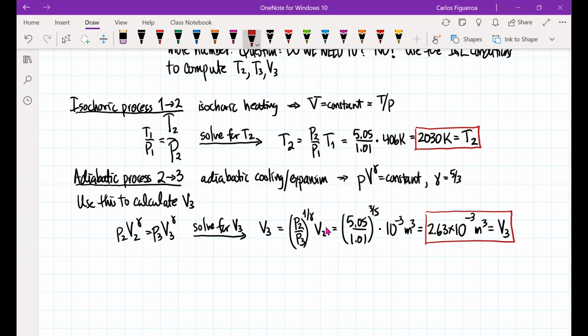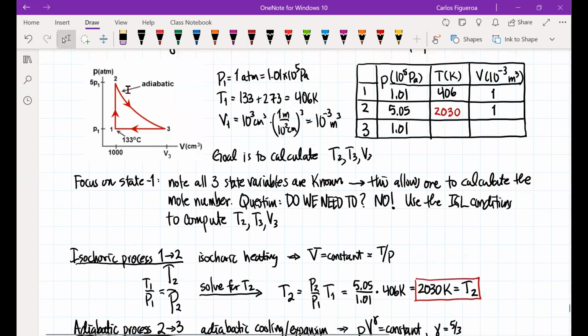So now that I've computed the volume, I'm only left with temperature 3 that I have to calculate. When I look at temperature 3, I could use the adiabatic process to calculate it, but I'd have to convert the pressure into a temperature.